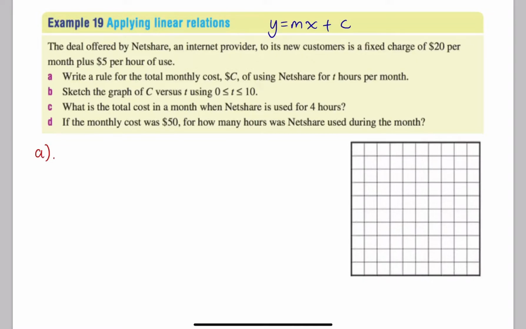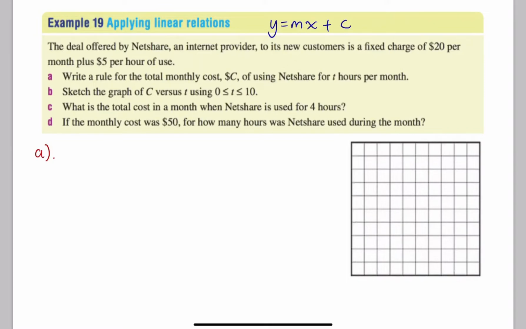Now, remember, in our linear equation, we have two main variables. We have our y and our x. Our m is our gradient and our c is our y-intercept. So here we have already been told that we have two different variables, our C and our T, and they've actually defined that for us. So we don't need to define that because it's already been defined for us.